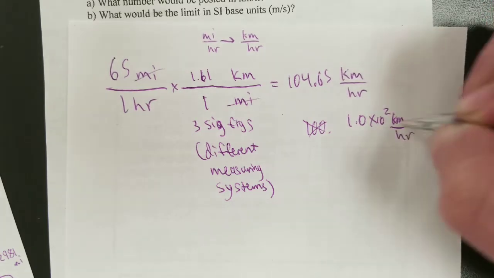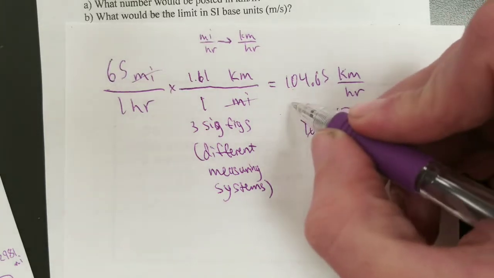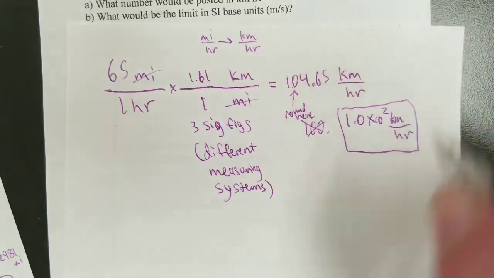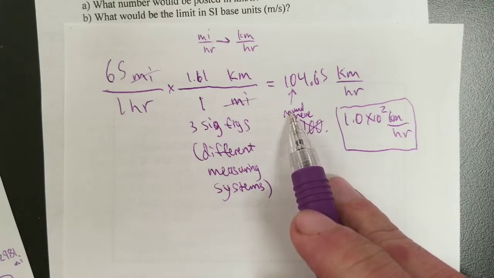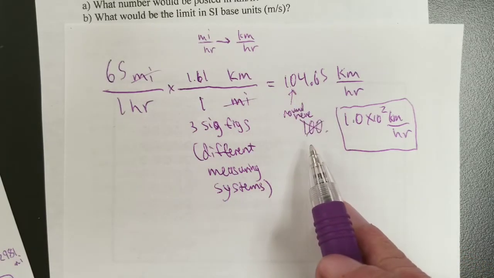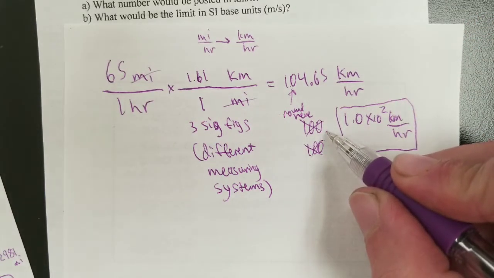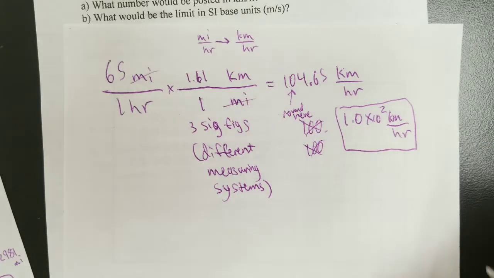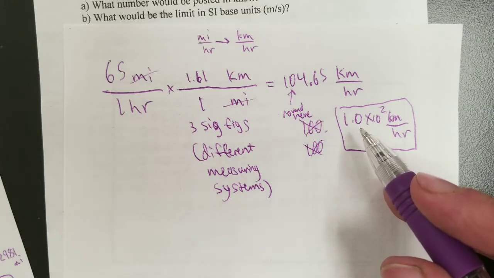The number 100 with the decimal has 3 sig figs, so you can't do that. This is the only way to get it with 2 sig figs: 1.0 times 10 to the second kilometers per hour. That's 100, but with 2 sig figs.